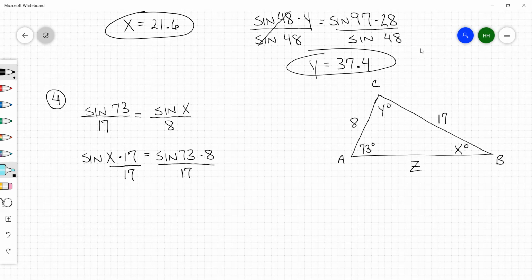We want this sine of x by itself. So we get sine of x equals, because the 17s cancel. And then that's a calculator operation. That's 73 sine times 8 equals, and then divide that by 17. You get 0.5.